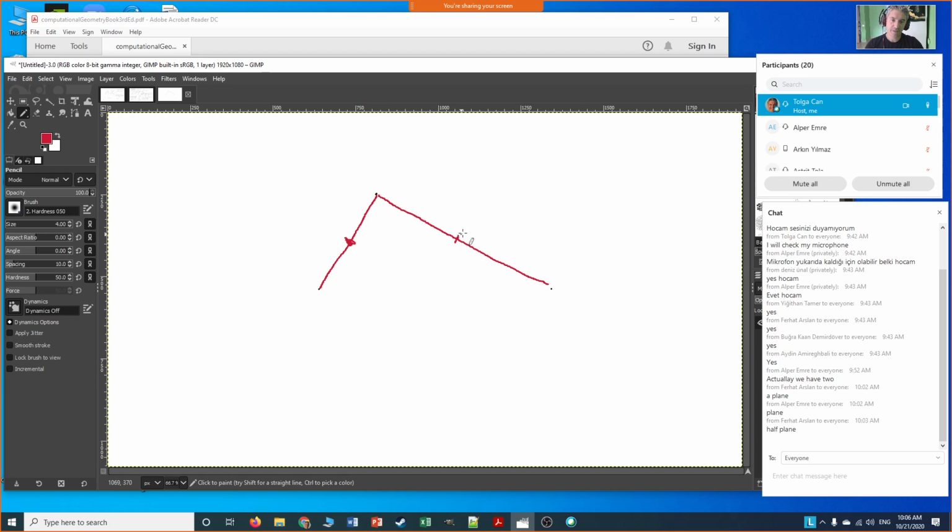So we find the midpoints and form the two lines that pass through these midpoints and are orthogonal to the segments. Let's call them L1 and L2. The intersection point of L1 and L2 is the center of the circle that passes through the points. In other words, this distance is R, this distance is R, this distance is R. So this is how you can find a circle that passes through 3 points.